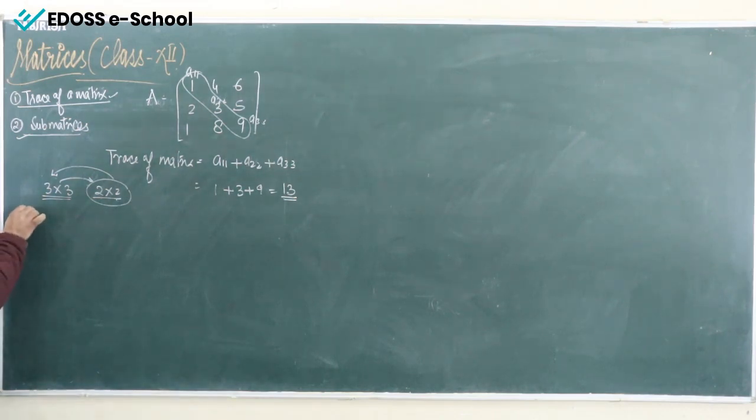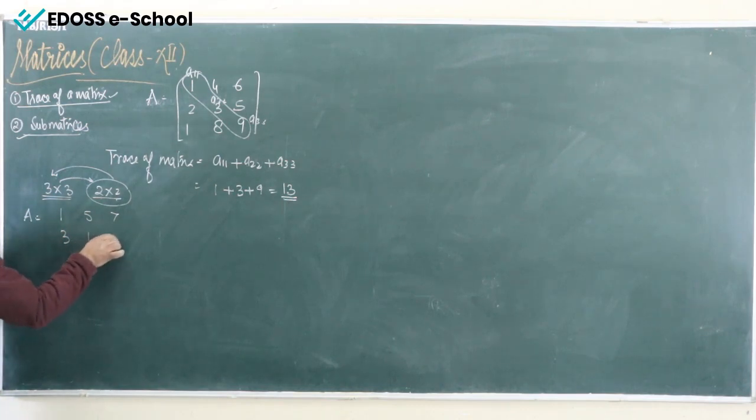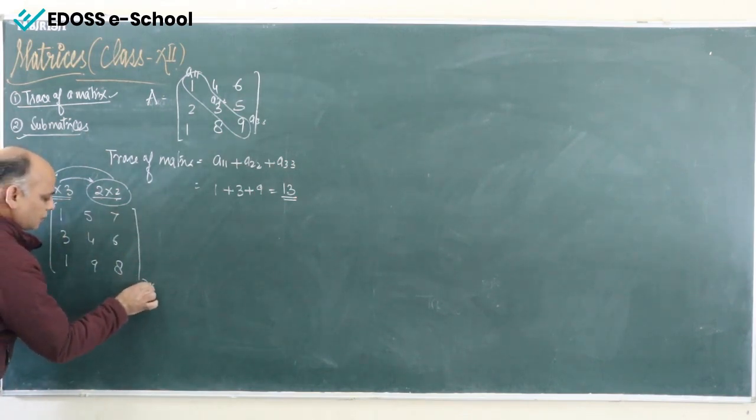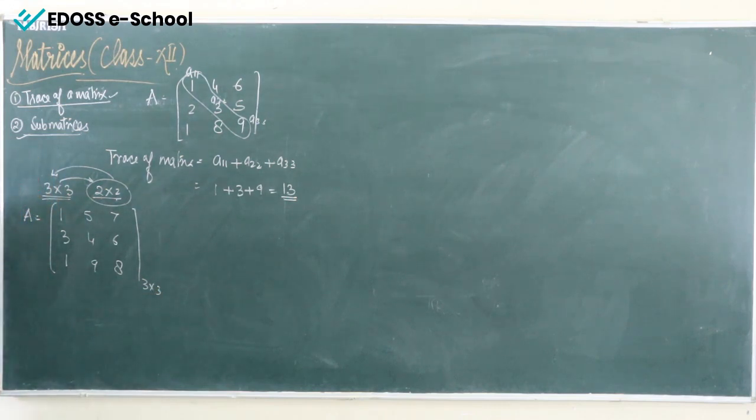Suppose there is an example, A is equal to 1, 5, 7, 3, 4, 6, 1, 9, 8. Suppose this is a matrix of order 3 cross 3, and I have to omit an entire row and an entire column.